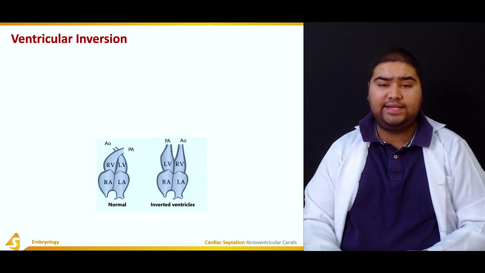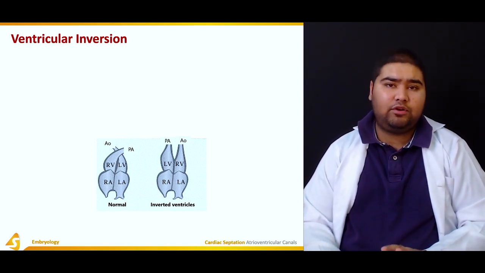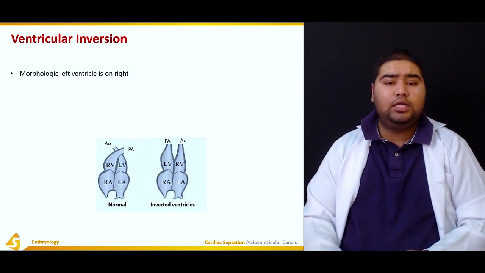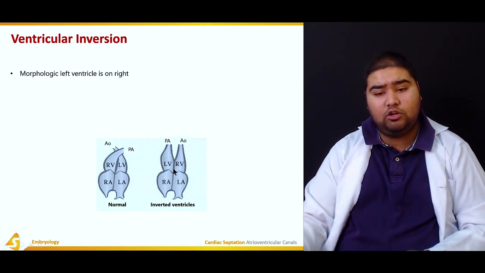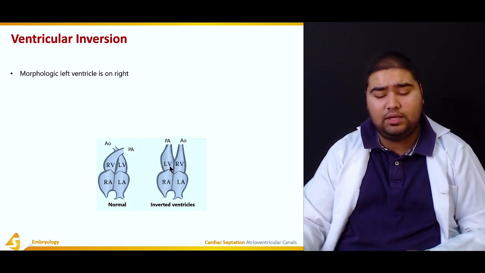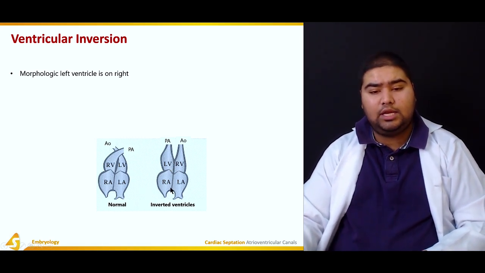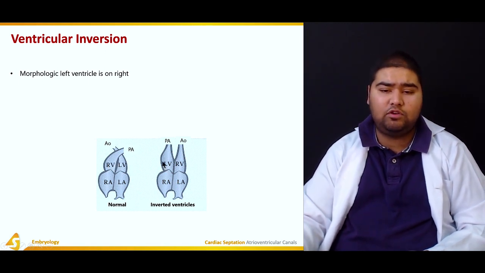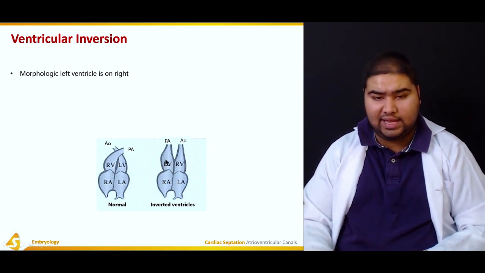Moving on, we have ventricular inversion. As is evident from the name, the ventricles are inverted in their position. The morphological left ventricle is on the right side. In a normal heart, we have the right ventricle on the right side and the left ventricle on the left side. In this, we have the morphological left ventricle on the right side.